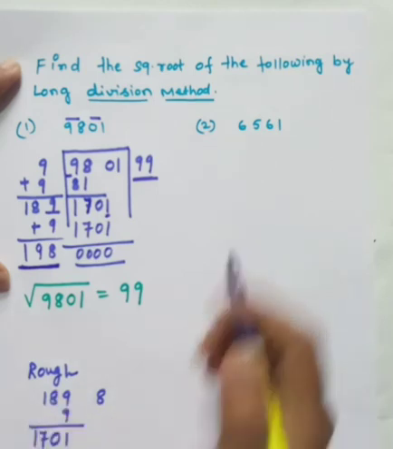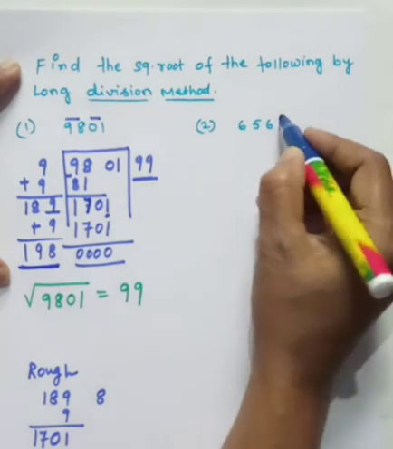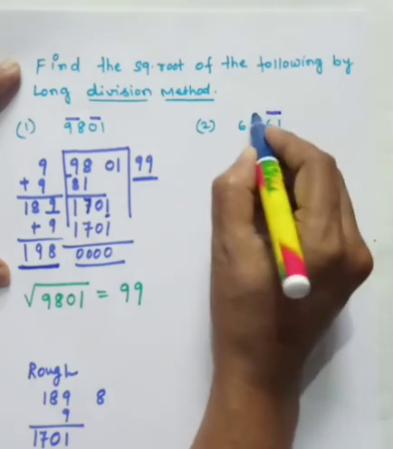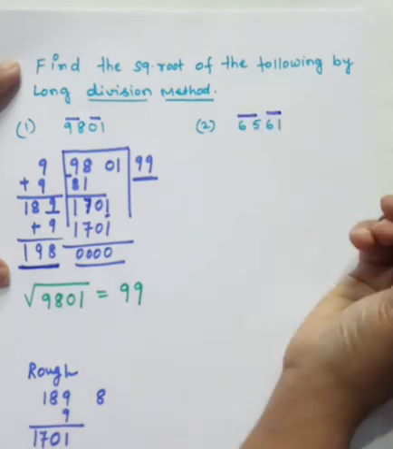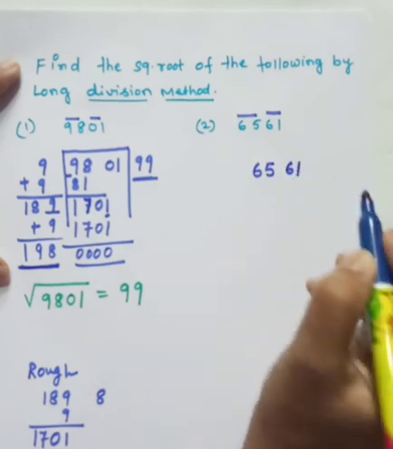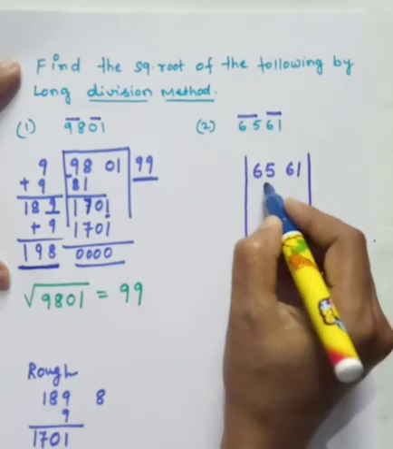Now let us proceed to the next. Again see, here if we start pairing from the units place, the units place and tens place make one pair, and the hundreds place and thousands place make one pair. So we will write like this with a gap between the pairs. Now see, 65.